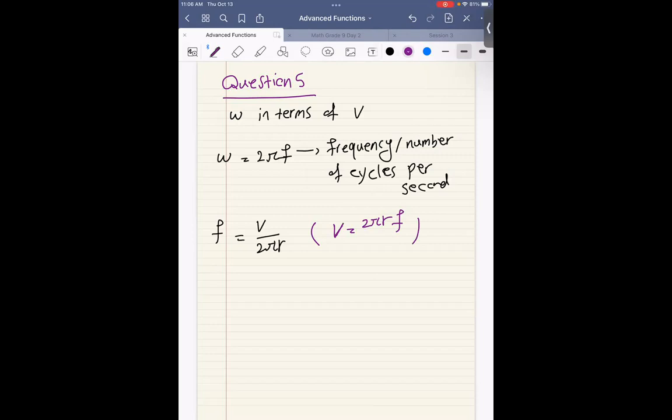And if you have the frequency, the number of cycles per second, and multiply it by 2 pi r, you get the distance per second, which is velocity.